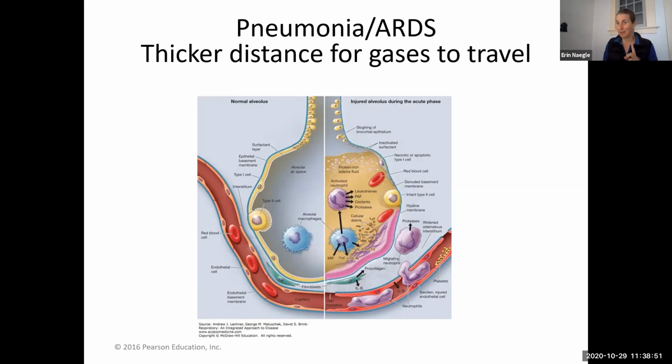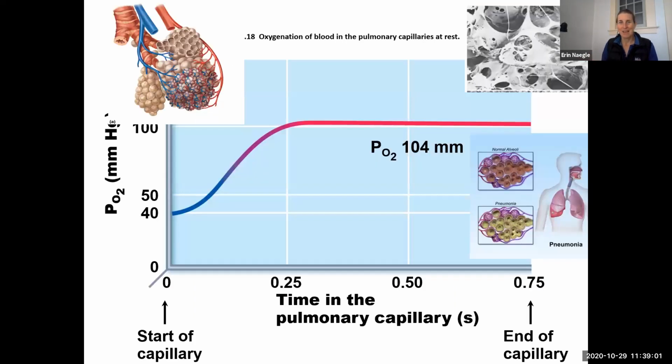And as we've just talked about, you increase the thickness. What happens to your diffusion rates? They plummet. And so in that case, 0.75 seconds may not be enough time to get the blood fully oxygenated.